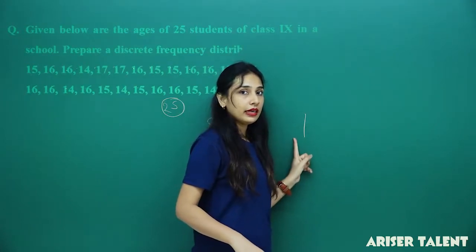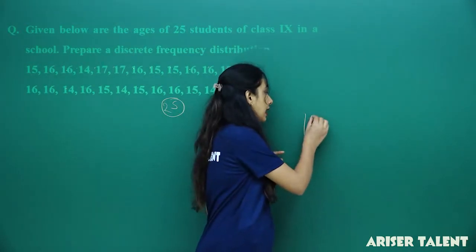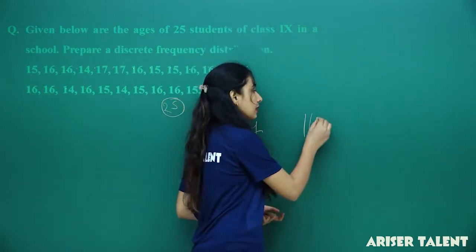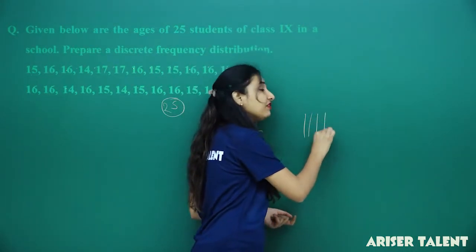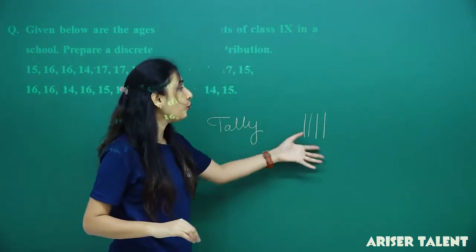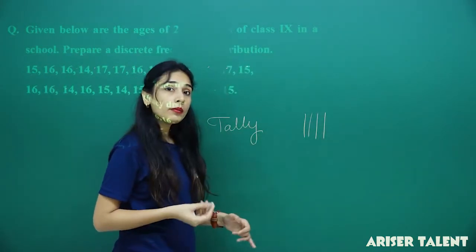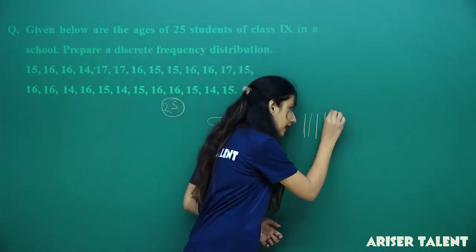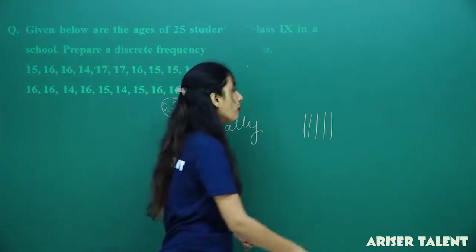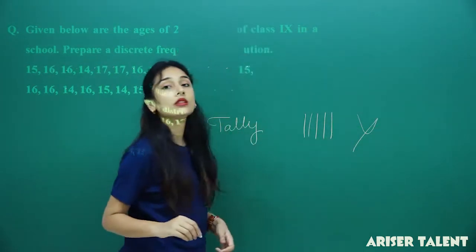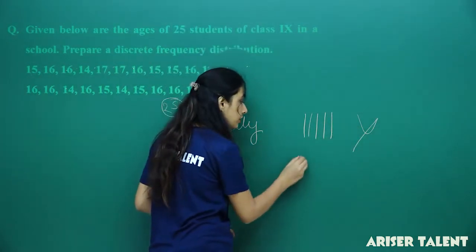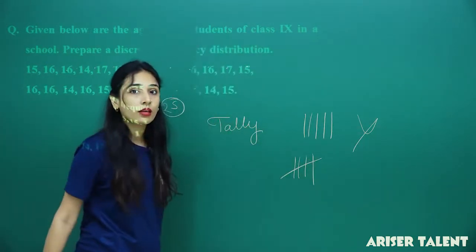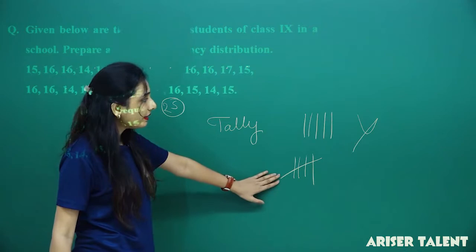I count the second pebble and make one more line, and one more line, and one more line. So I have counted 4 pebbles till there. Now I am counting the next pebble. Should I write this? No, this is the wrong format, students. Then how? 1, 2, 3, 4, and after 5 I will cut it. Right. Now why is it so?